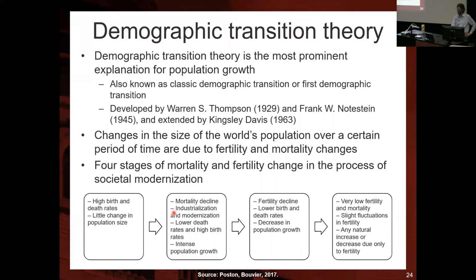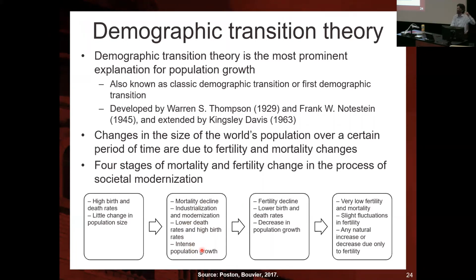And then you start seeing industrialization and modernization that influences a decline in mortality, mostly for young children, for infants, babies under the age of 1. Then you start seeing lower death rates, but still people having the same high levels of fertility, and that creates an intense population growth.